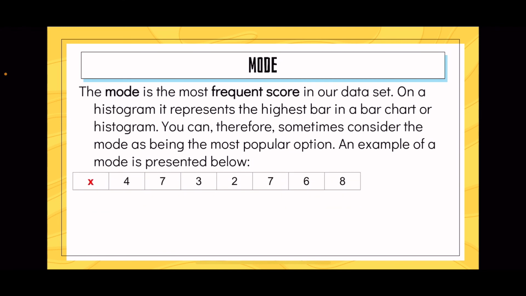So we have here a data set: 7, 3, 2, 7, 6, and 8. The first thing that we need to do is arrange the data set in order so that we can see which number appeared most.